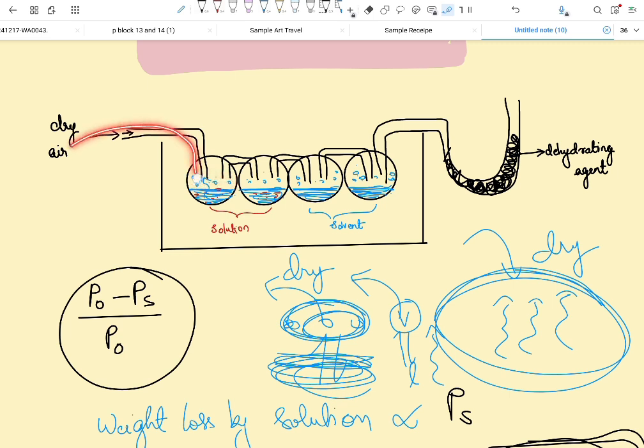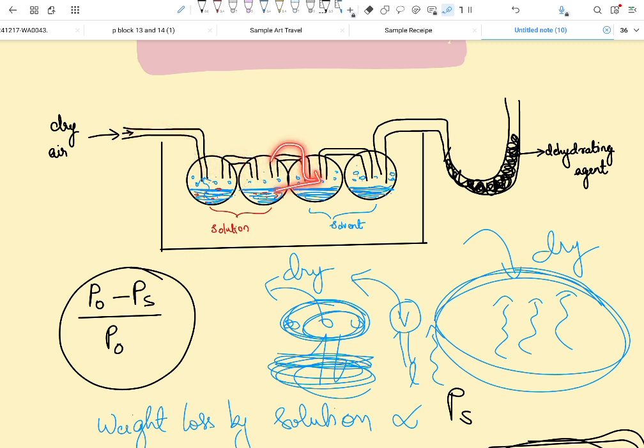Then dry air will get easily saturated here, and we can say that more dry air will be passing through the solvent container.